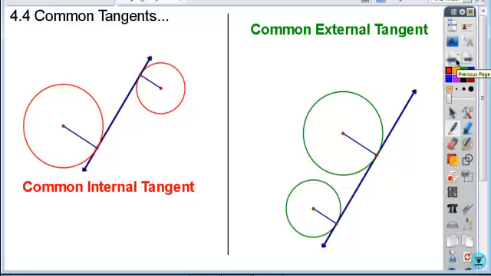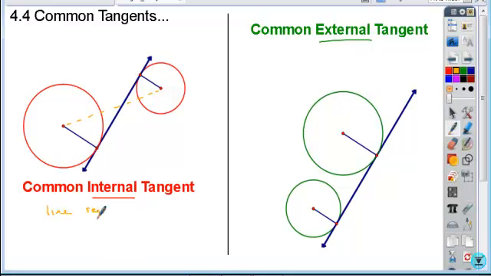And common tangents are either common internal tangents or common external tangents. And the way to distinguish between these is going to be by looking at the imaginary line that connects the centers of these circles. And so if you think in the common internal tangent, this imaginary line, or this line segment that connects the two centers, is actually going to intersect that common tangent.